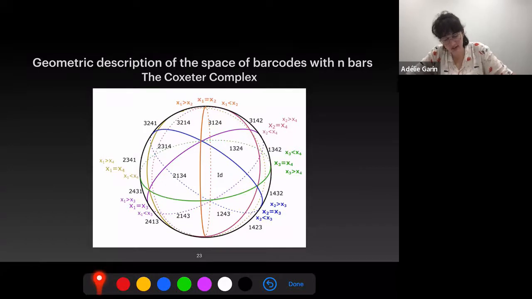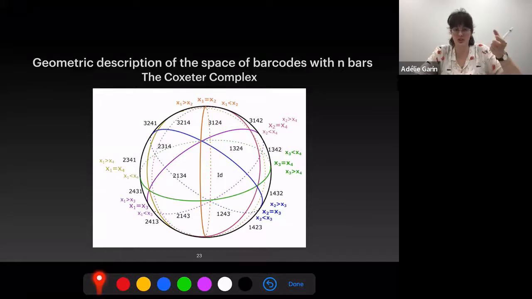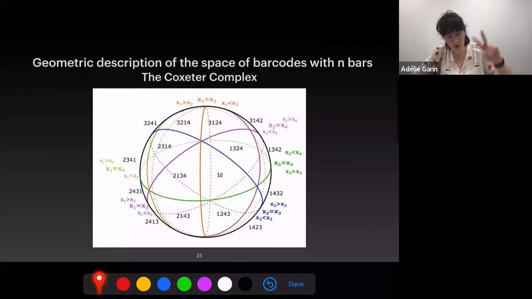Basically, it's a triangulation of a sphere, and each of the higher dimensional faces corresponds to a permutation in the symmetric group. To go from, for instance, the permutation 2134 to 2314, you switch 1 and 3, and that corresponds to the reflection by a hyperplane.